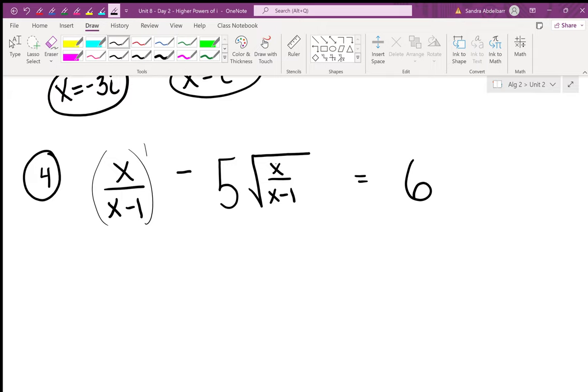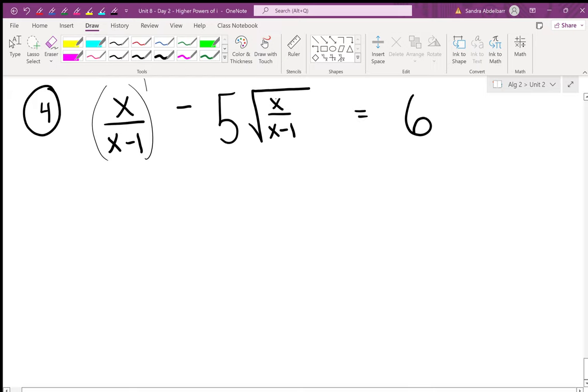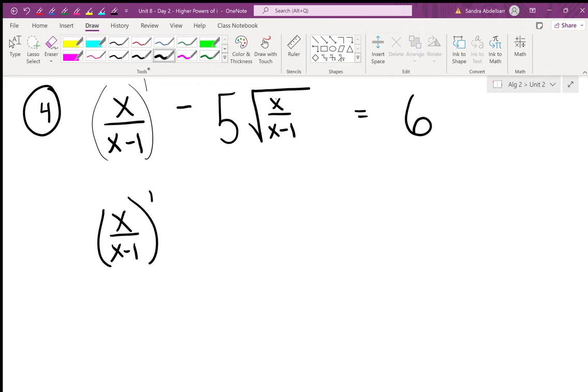But then I have 5 times the root of x over x minus 1, which means this whole quantity is raised to what power if it's the square root? A half power. So I have some base raised to the first power, and then don't I have the same base again raised to the half power?